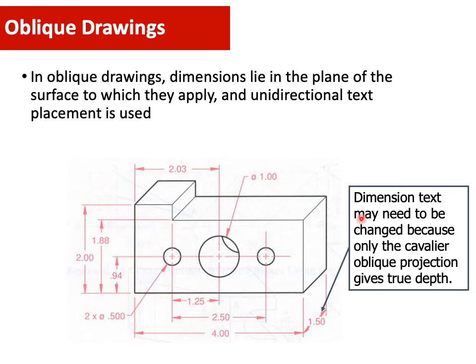But for the oblique drawings, the dimensions lie in the plane of the surface. What I mean is the surface is your front view, to which they apply, and unidirectional text placement is used. So it's the same. It needs to be unidirectional, but it lies on your surface, your front view.